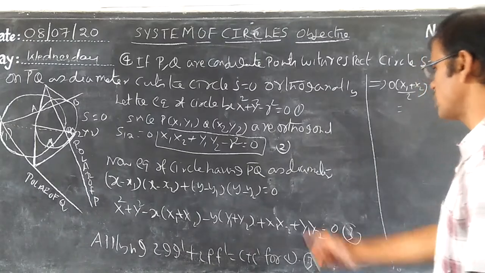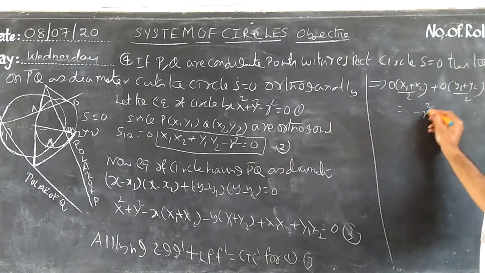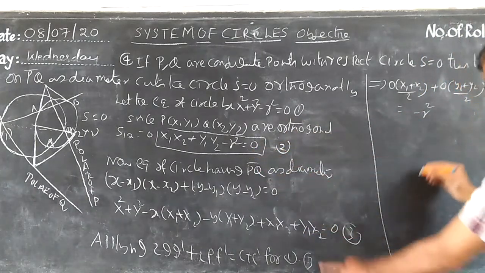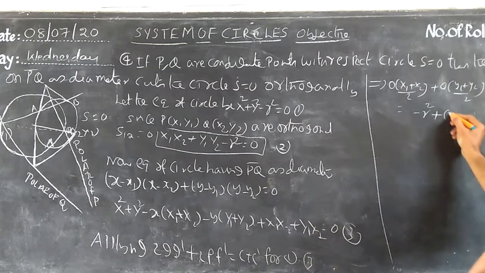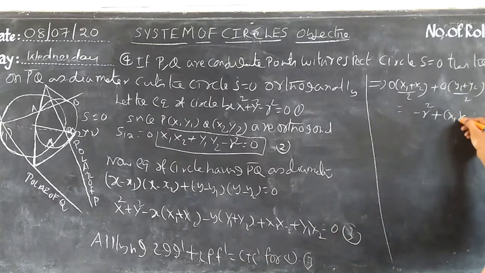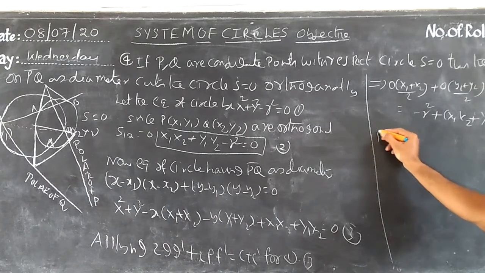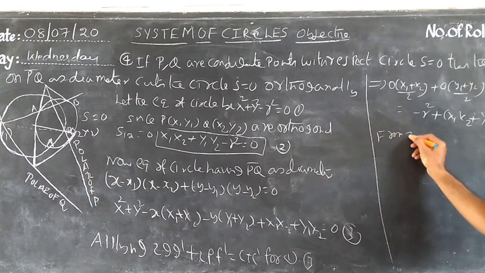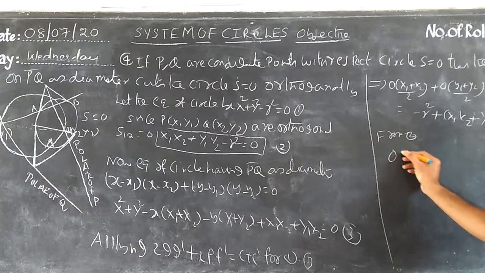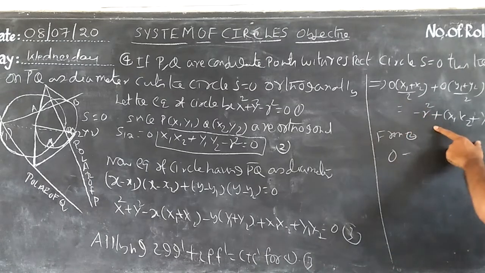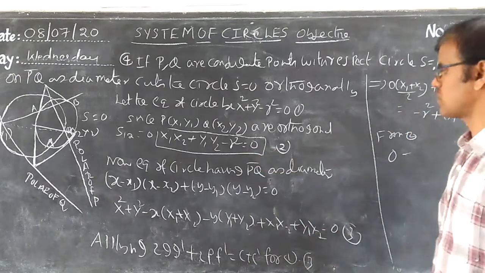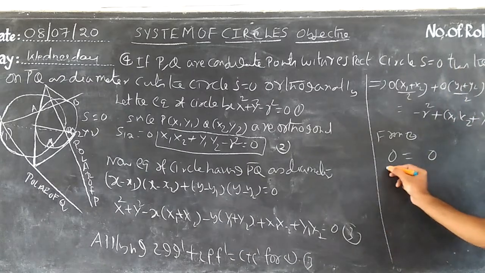So what is c1 here? Minus r square is c1, plus c2, which here is x1 x2 plus y1 y2. So 0 is equal to x1 x2 plus y1 y2 minus r square, which becomes 0. So 0 is equal to 0.